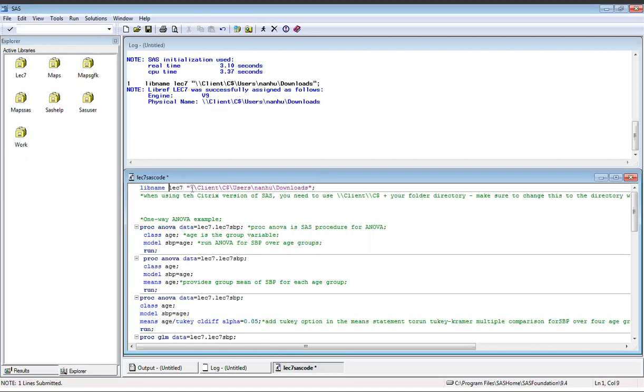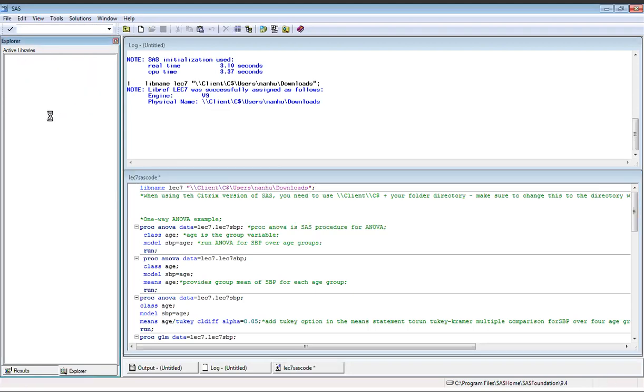So remember, if you use the eLabs version, you need to first put the client and the $, and then things after this will be the directory on your local computer. Okay. So you can see I create a library called Lecture 7.